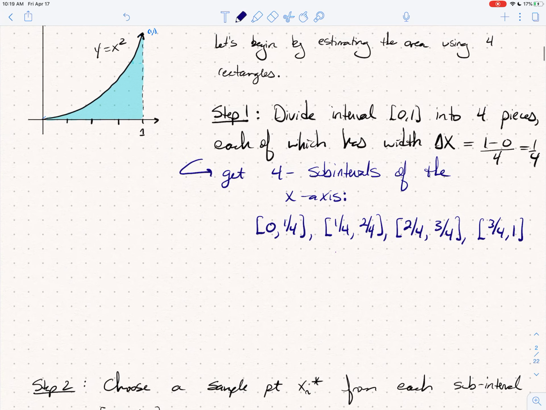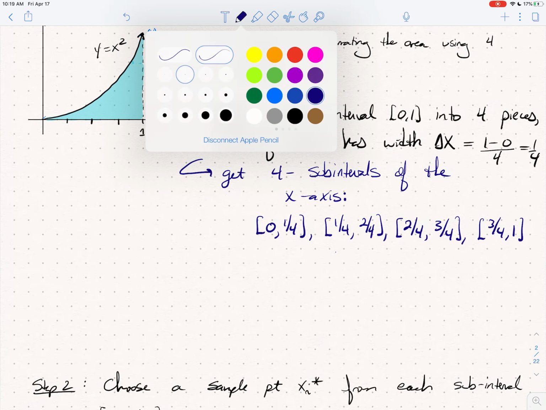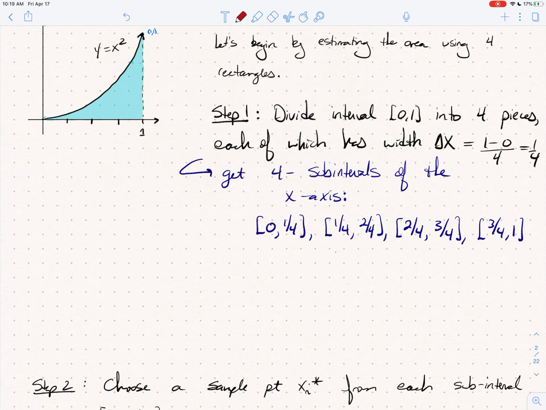And I want to make sure that the general process is clear. Let me switch colors just so that it's clear that this is a little side note. In general, if I have a general interval a, b, and I want to break it into n pieces.